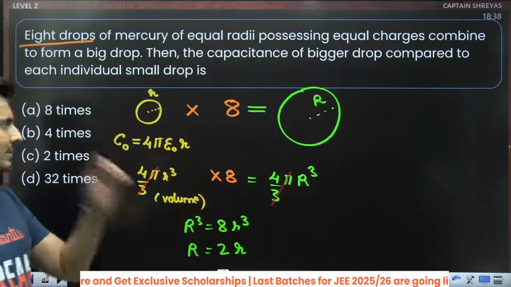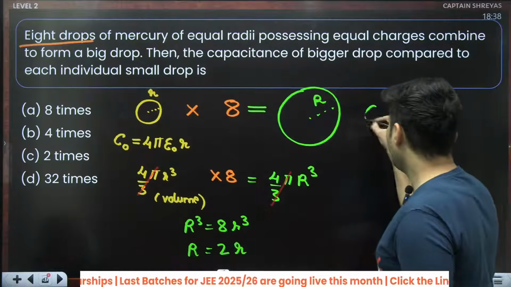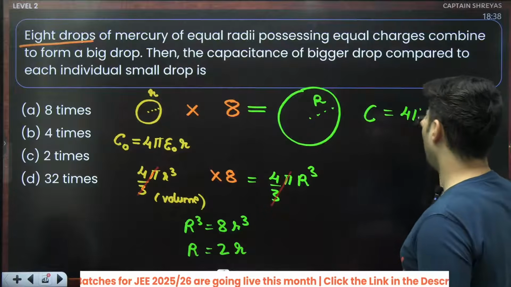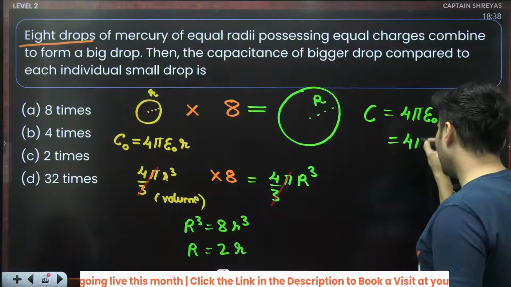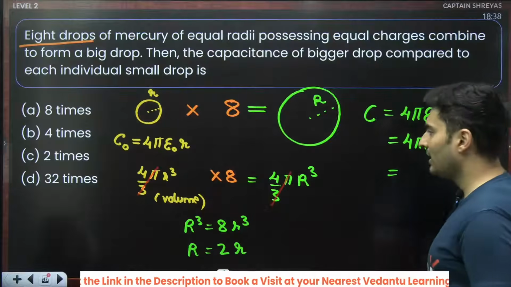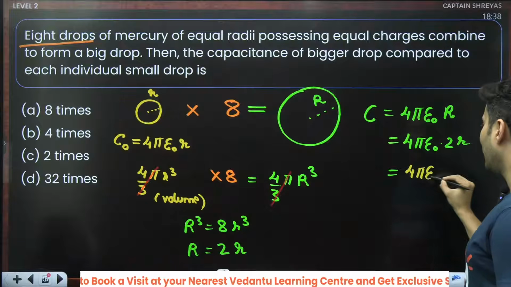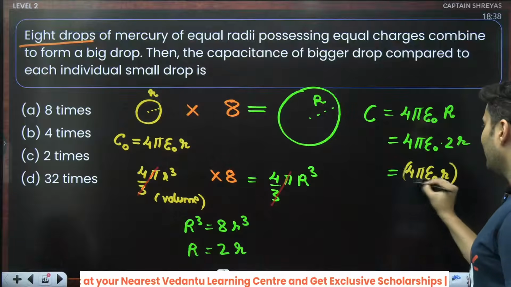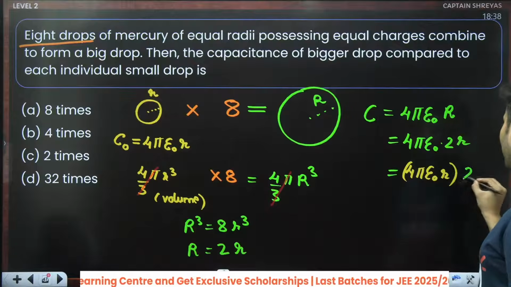So the big radius is double the small radius, which means the new capacitance, which would be 4 pi epsilon naught into R, that R itself being 2 times of small r. Remember, I can write 4 pi epsilon naught into small r on one side, and let me just put that number 2 over here.